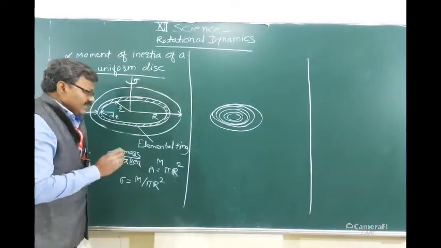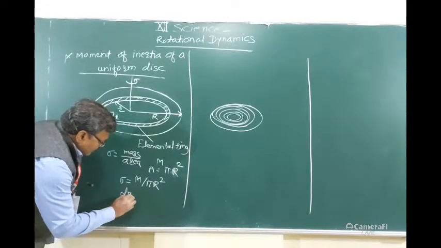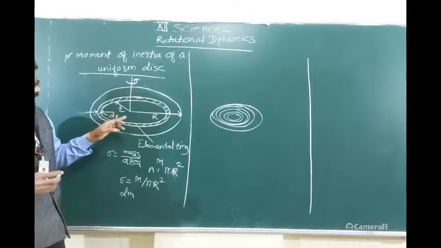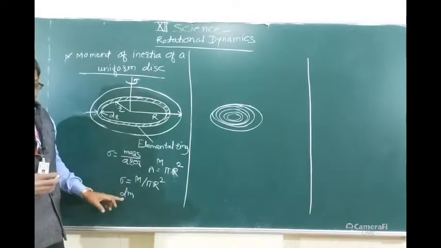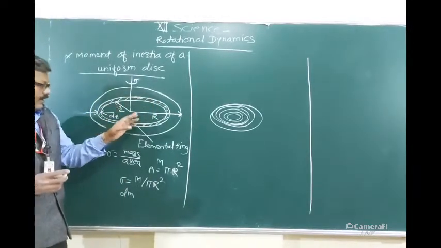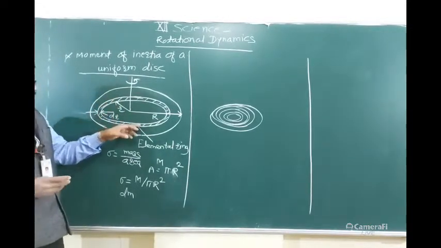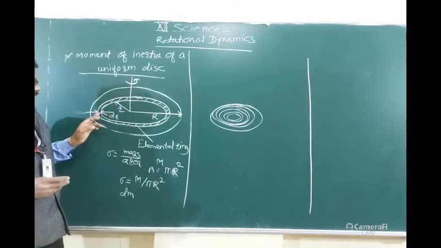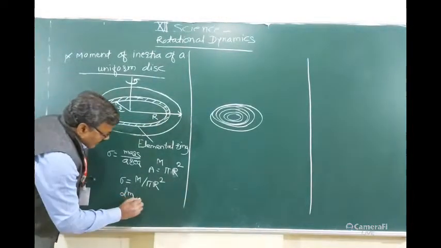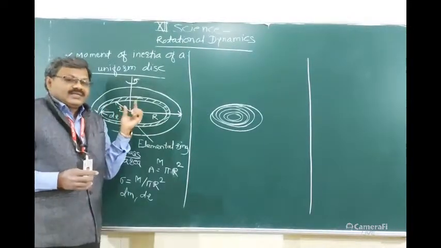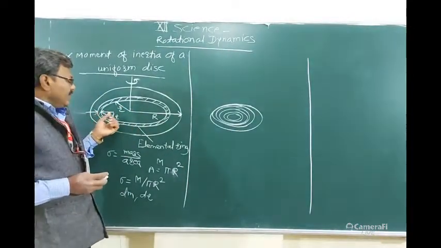Consider dm as the mass of this small element, the shaded ring. From this we can find the area of this ring. Its thickness is dr, and this dr is very small.